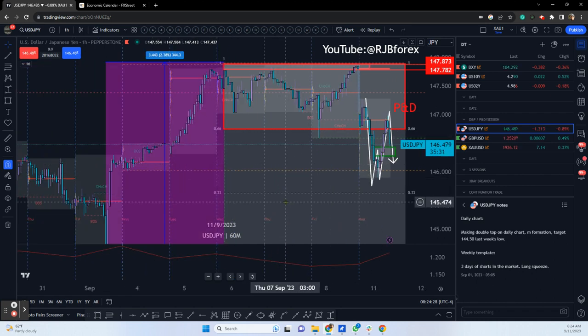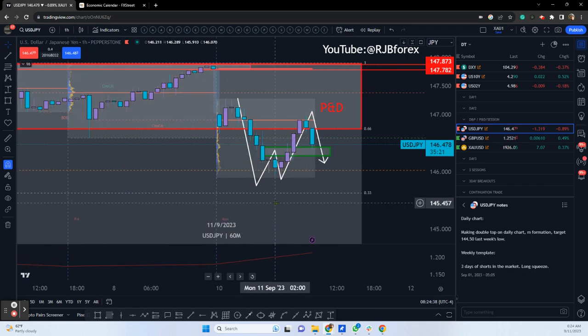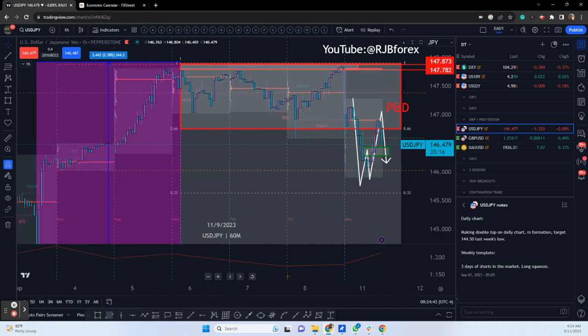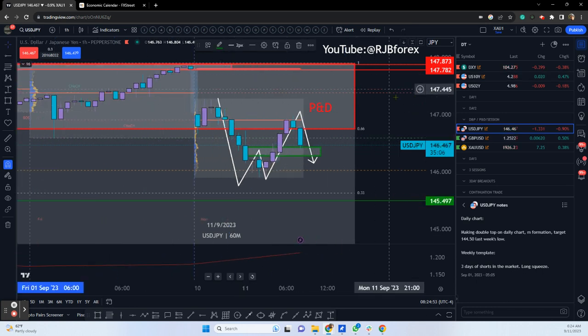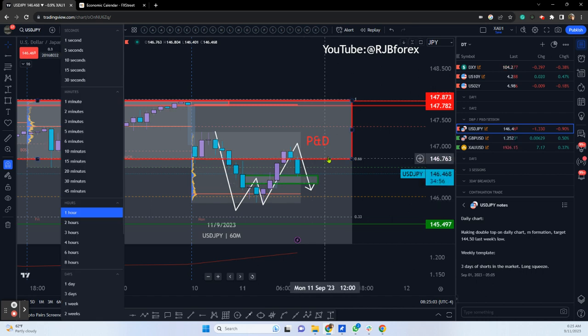Come into here quite easily. 145.50. 145.50 on the downside. Right, but we do need to see the trade set up. I'm not just saying sell it. I'm saying let's wait and see if we get the pump and then the dump.